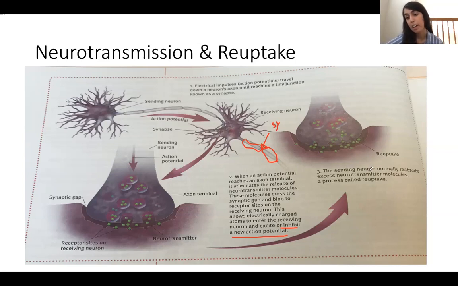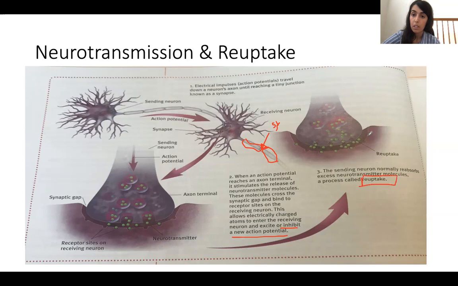And then from there, you have a new neuron that's going to normally reabsorb excess neurotransmitter molecules. So this new neuron, when it's doing the reabsorption of the neurotransmitter molecules, this is a process that's called reuptake.